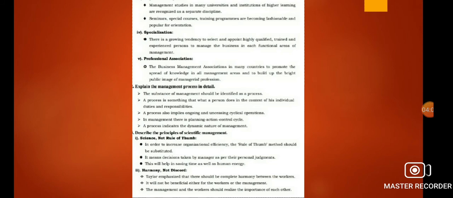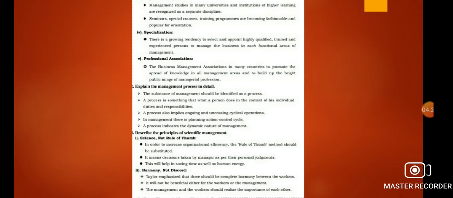Then third one, describe the principles of scientific management. Principles of scientific management propounded by Taylor are explained in brief as follows. First one, science, not rule of thumb.